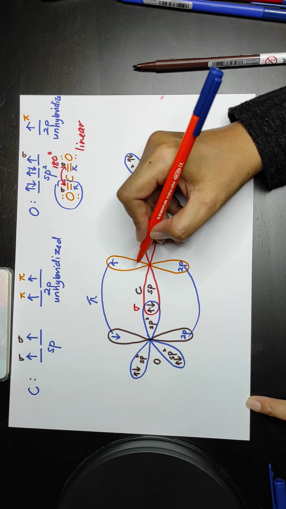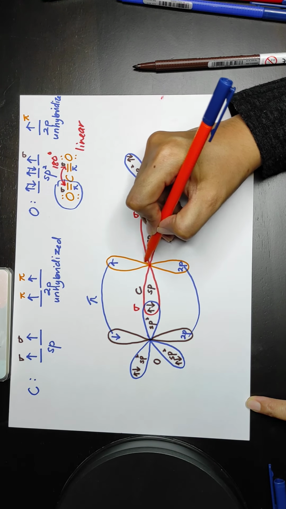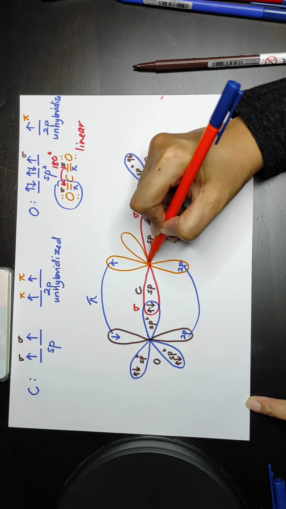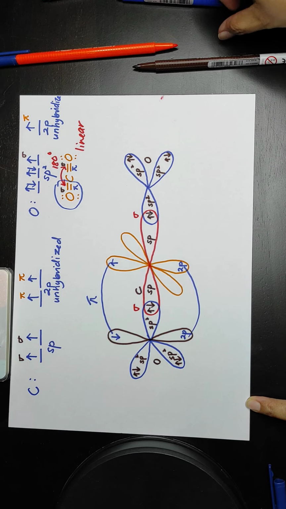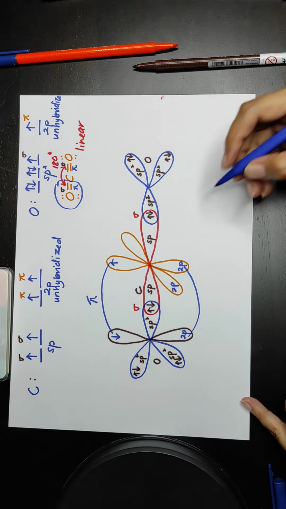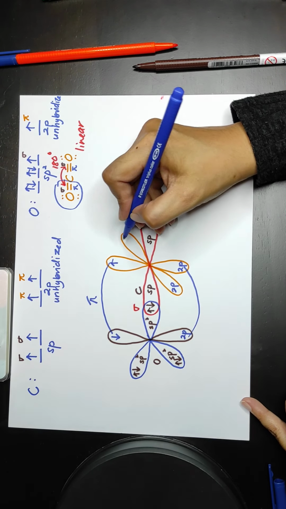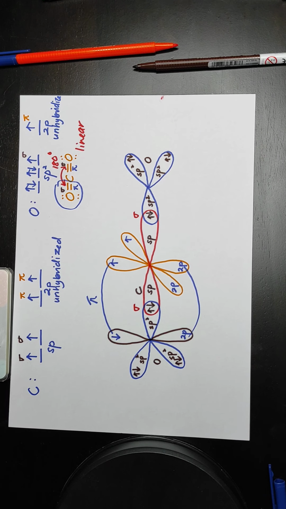So we have to draw another 2p orbital of carbon like this, and label it as 2p, and it contains one unpaired electron.